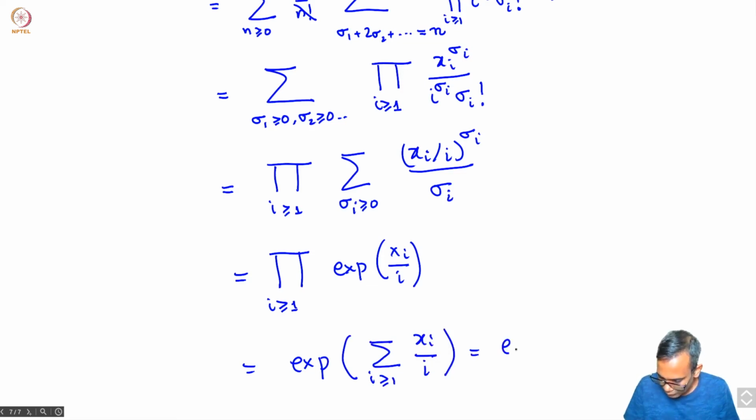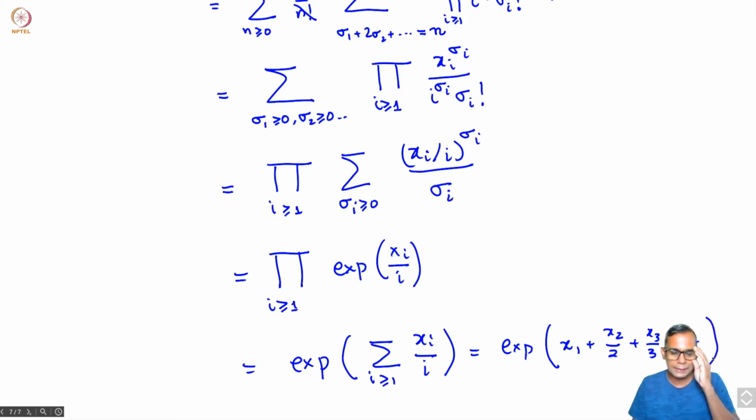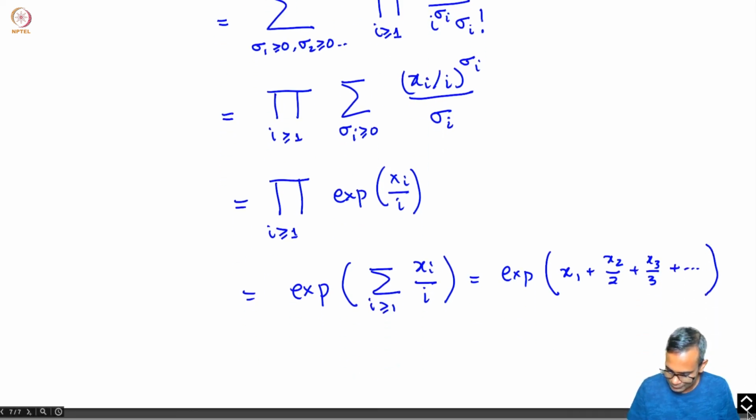If you wish, you can write this as exponential of x1 plus x2 by 2 plus x3 by 3, and so on. So you see that the cycle index generating function of the species E is just exponential of x1 plus x2 by 2 plus x3 by 3.